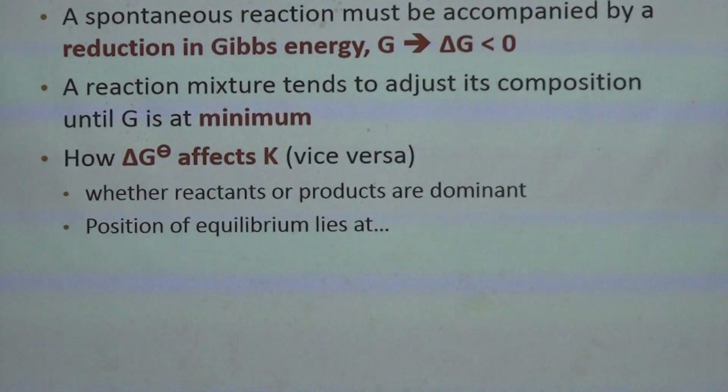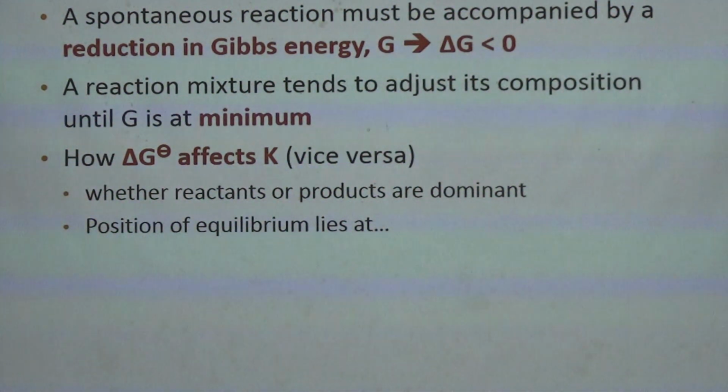Alright? Now, I must tell you that when I taught you the equation, delta G naught is equal to minus RT ln K, I have taught you something that is more than the syllabus. Okay? Alright?